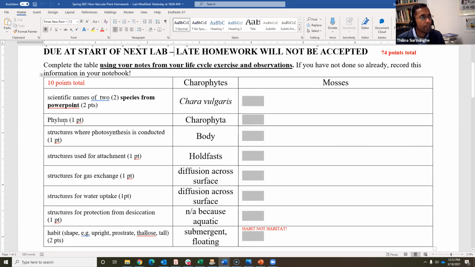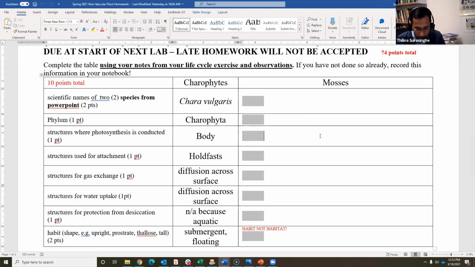And then what is a phylum? Well, for the charophyte, it's Charophyta, right? For the mosses, it is Bryophyta. And then the structures where photosynthesis happens, well, the green leafy structures on the mosses where photosynthesis happens, those are called phyllids, right? Don't say leaves, don't say even leaf-like.